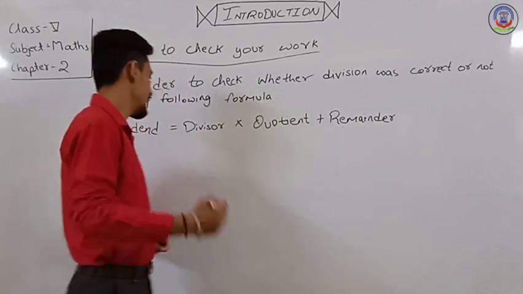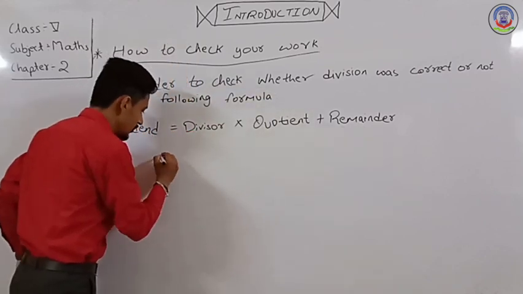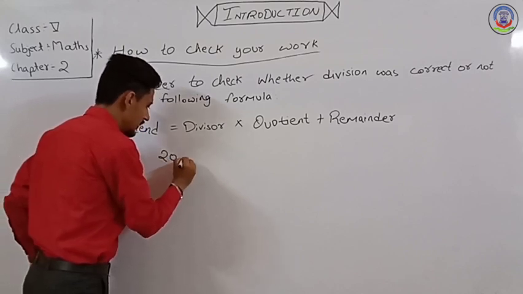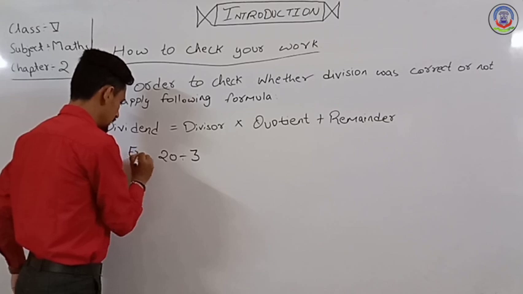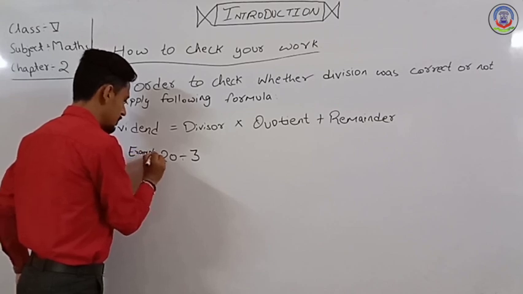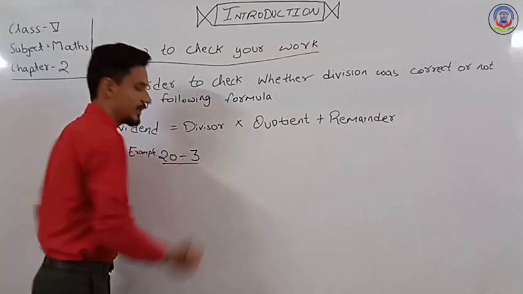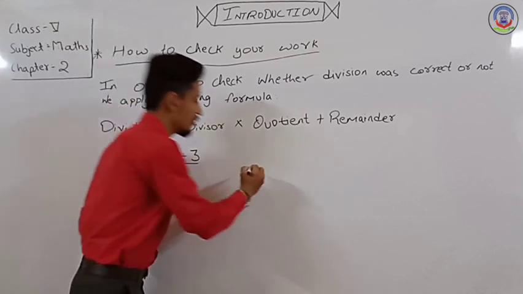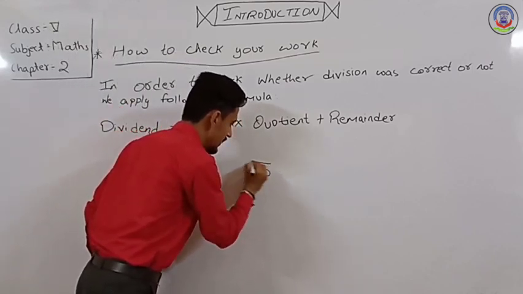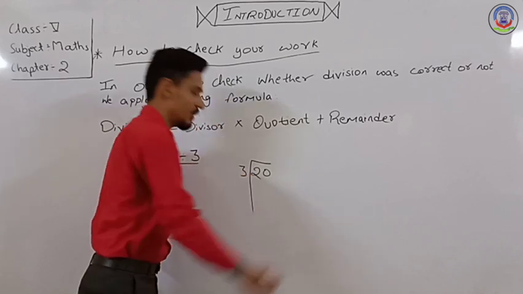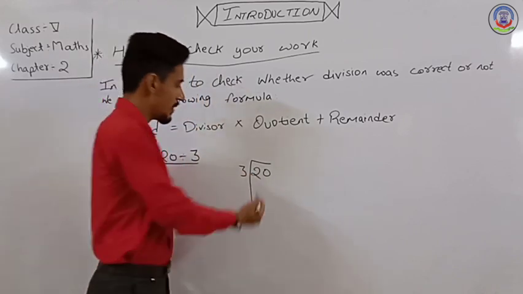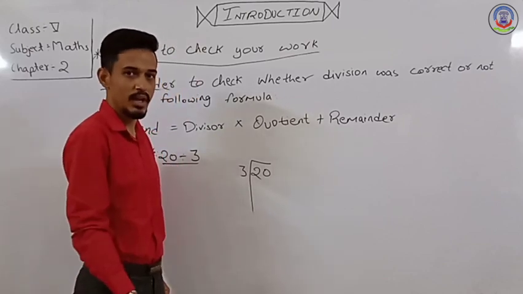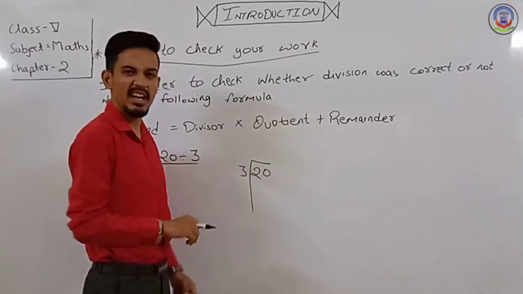Let's see an example. We have 20 divided by 3. So as we know, we write 20 here and 3 here. Now 3 की टेबल में 20 नहीं आता है, उससे छोटा आता है 18.